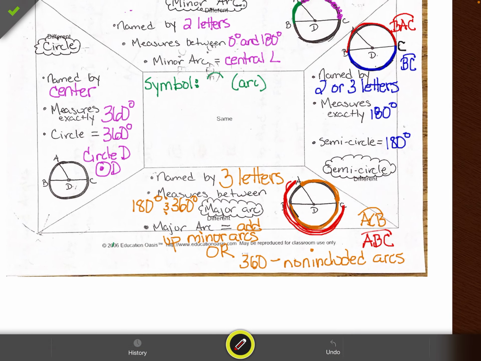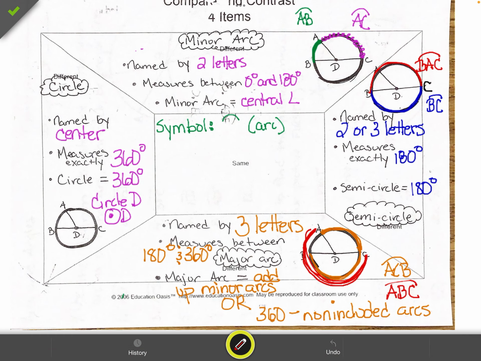So in the middle here, we're going to talk about how these are all the same. We already said that they use the symbol that looks like an eyebrow. That's your arc. We can also say that it is a circle, it has the circular shape, or part of the circle. What else could we say? How do we measure all of these pieces?